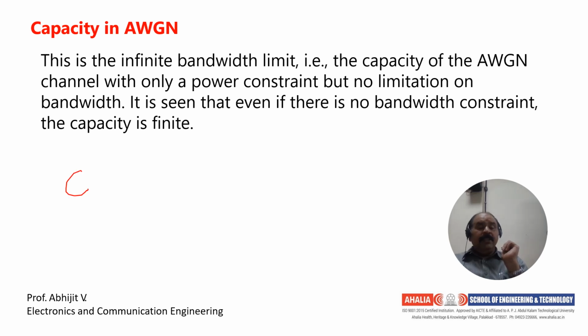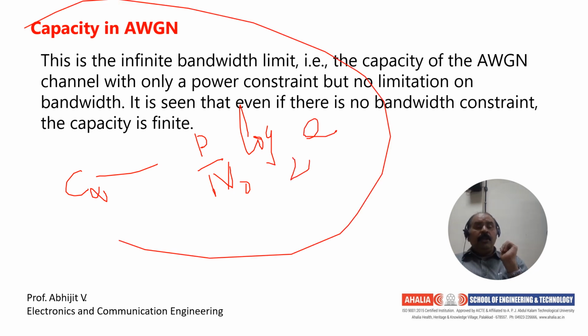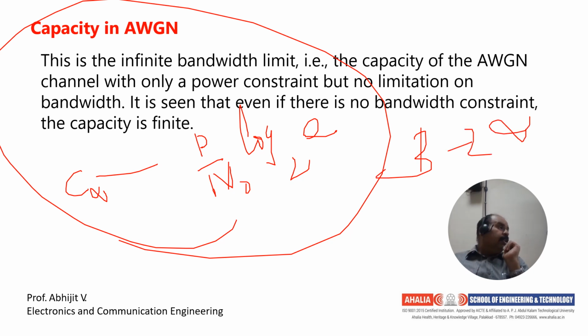The capacity C infinity is given by P by N naught log 2E, when the bandwidth B tends to infinity. This means that even if there is no bandwidth constraint, the capacity is finite.